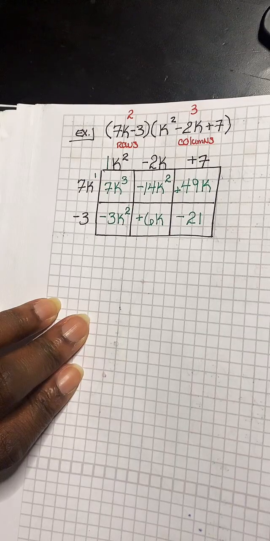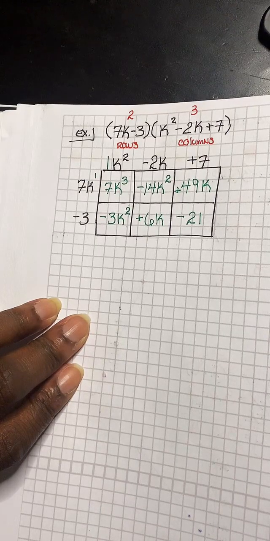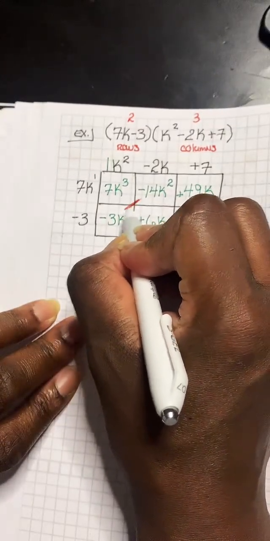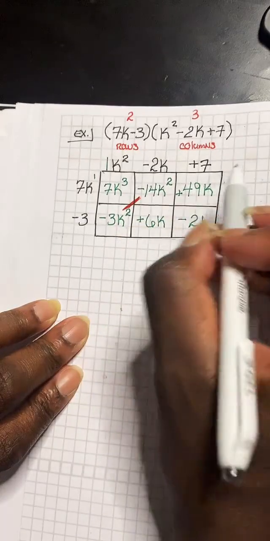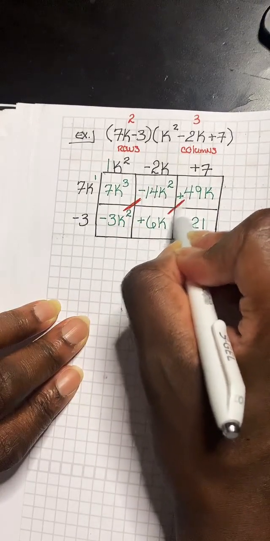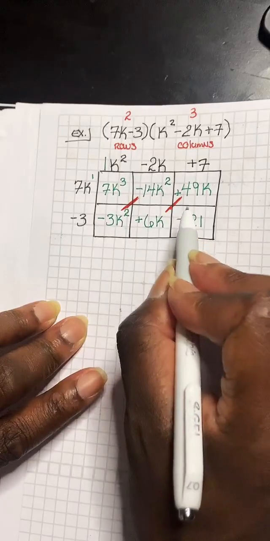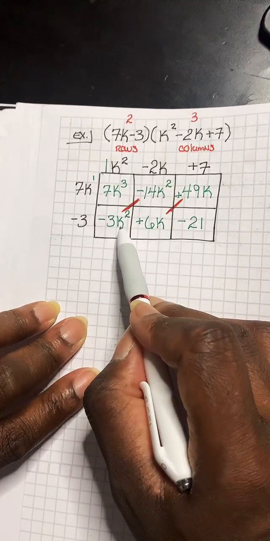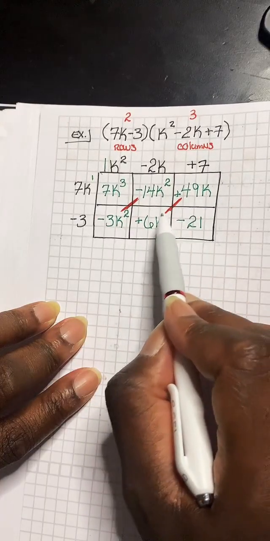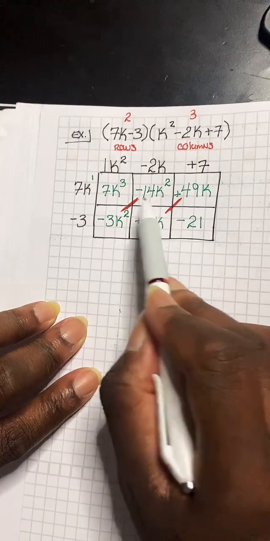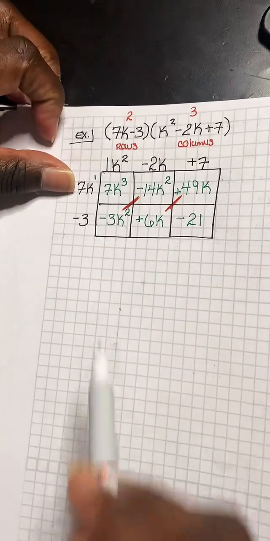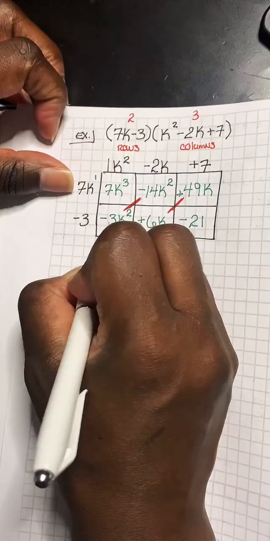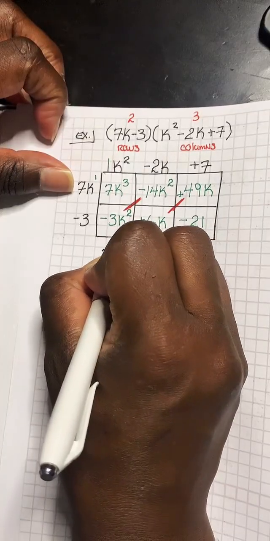Okay. So now, just as I mentioned before, sometimes the like terms will be on the diagonal. Sometimes it's a little bit shifted, but you always look: k squared you're going to combine with k squared, the k you're going to combine with the k. So we're going to start with the highest degree. The highest degree has my 7k cubed.